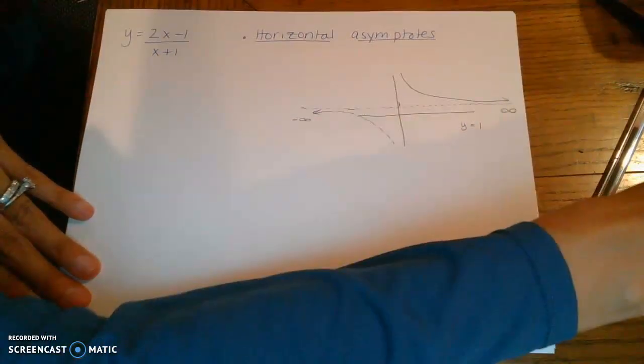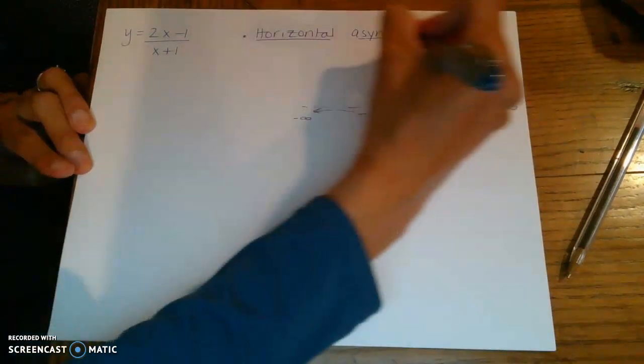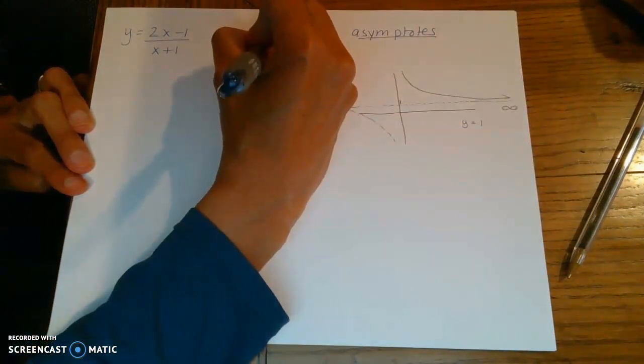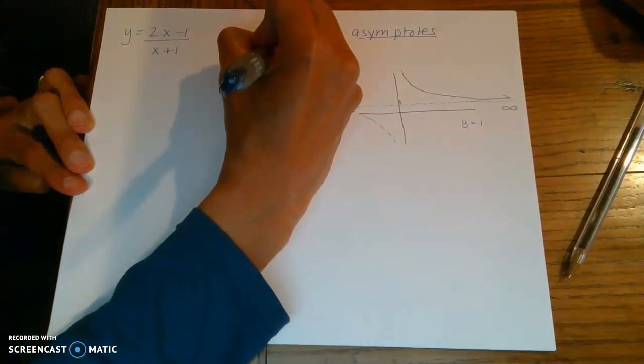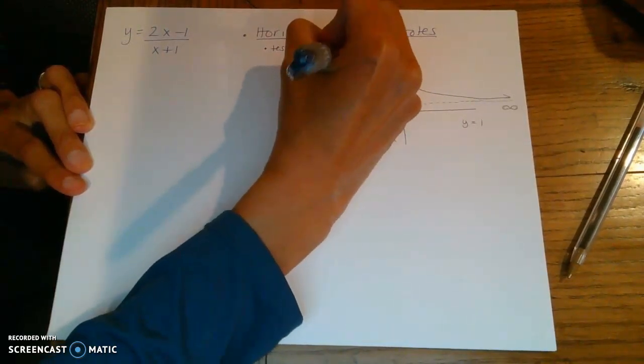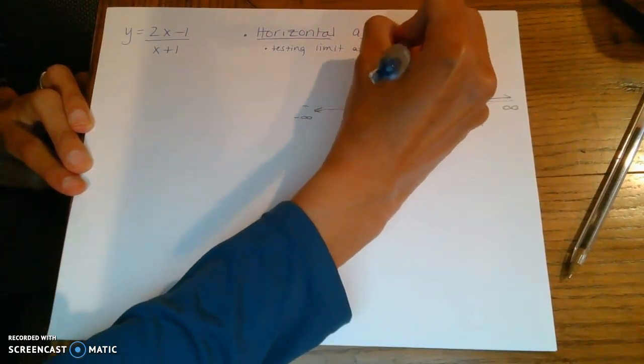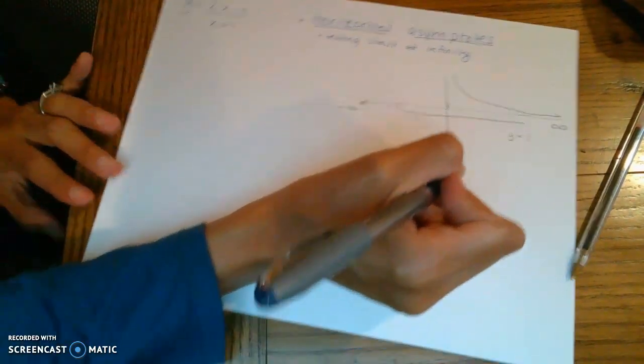Anytime I'm studying a graph as it approaches a certain number, I'm talking about a limit. So horizontal asymptotes are found by testing the limit at infinity.